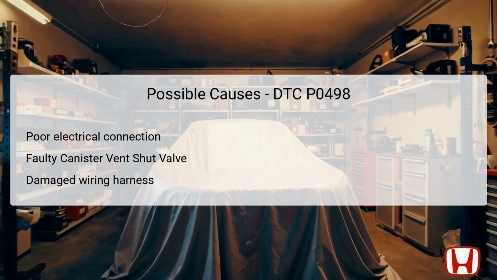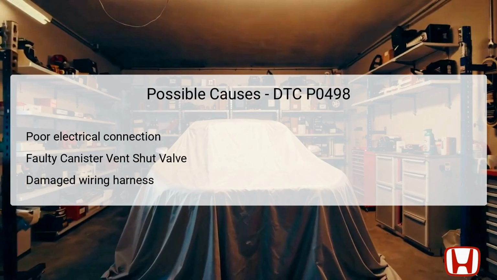When diagnosing the P0498 code, several potential causes need to be explored. Firstly, a poor electrical connection can restrict the voltage needed for the EVAP canister vent shut valve to function correctly, often resulting in low voltage situations. Secondly, a faulty canister vent shut valve itself might directly cause the DTC, indicating it requires replacement.